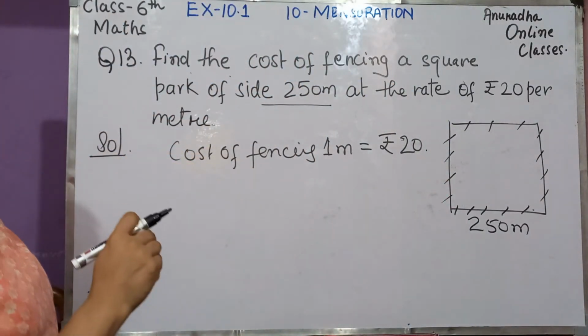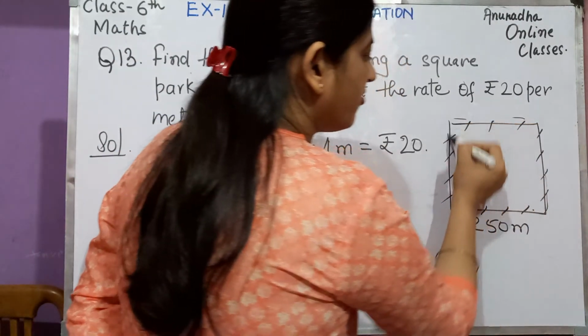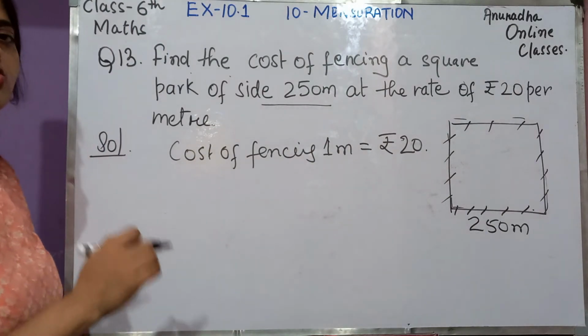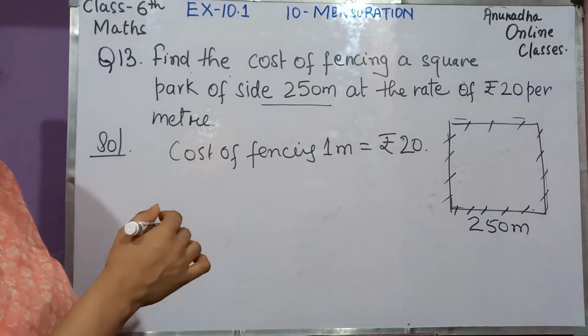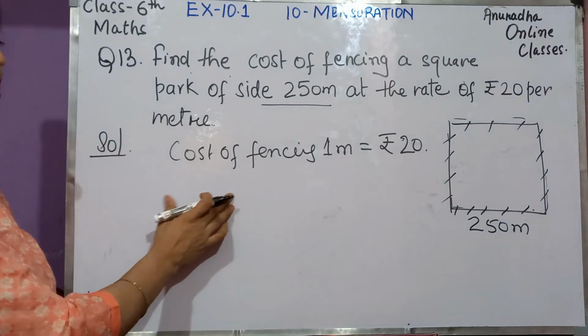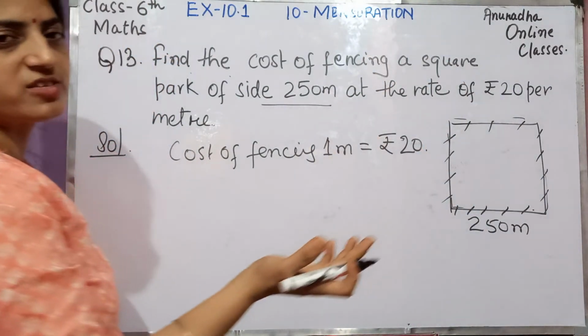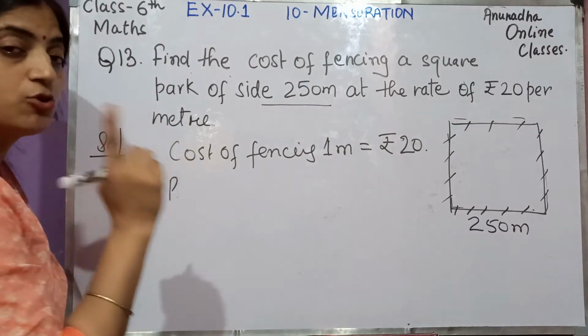Right? This is given to you. You have to tell how much total cost it will take to fence it completely. That means firstly we should know the perimeter, the total length. After that we will find out that if 1 meter costs this many rupees, then that many meters will cost how many rupees. So firstly we have to find out the total length.